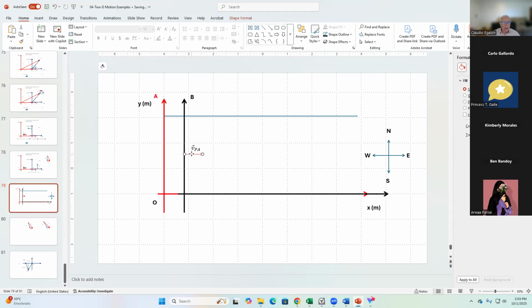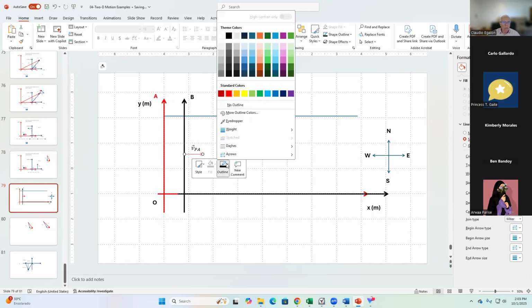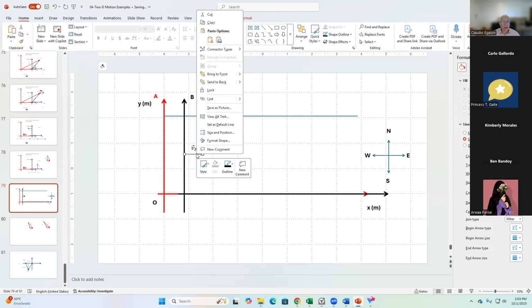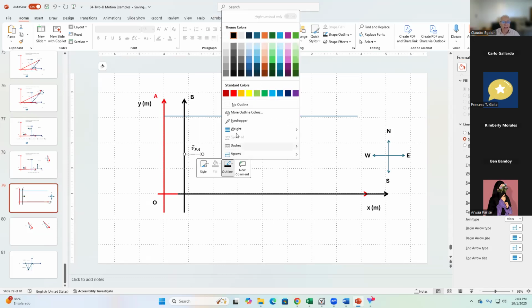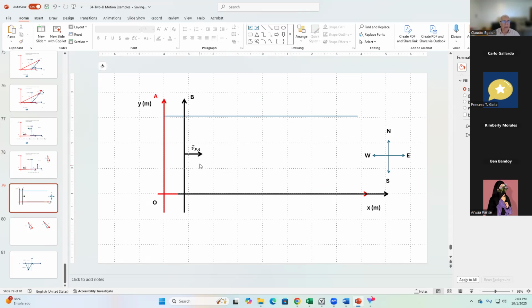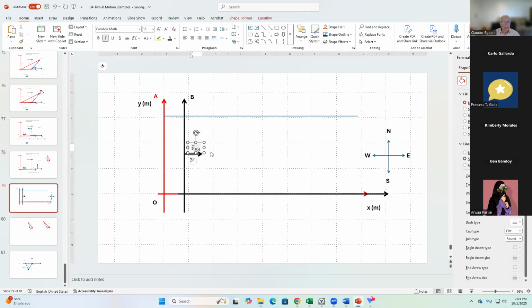Let me make it a black color as well, thicker to look nice. And instead of VPA, I'm going to call it VBA, the velocity of referential B with respect to referential A.